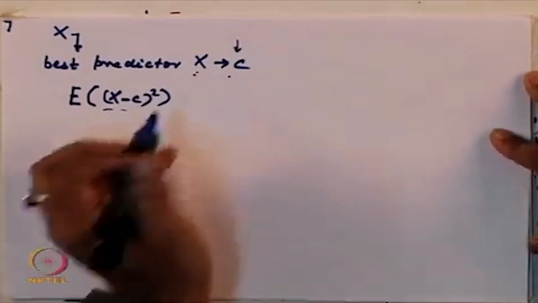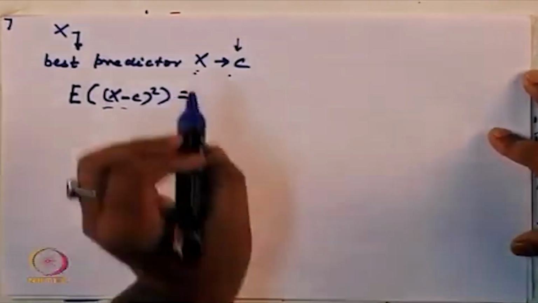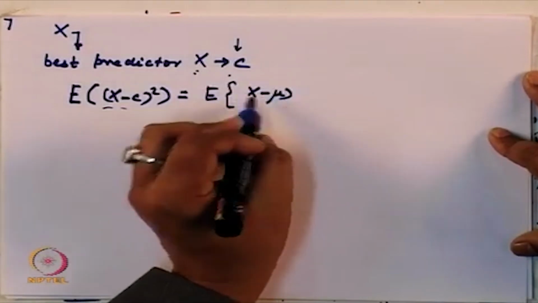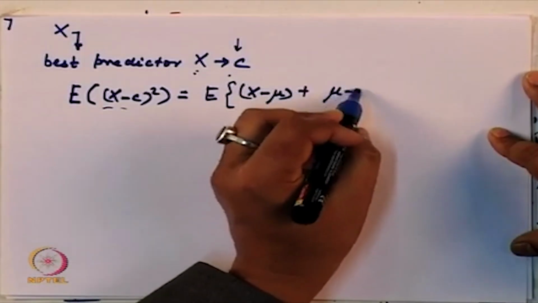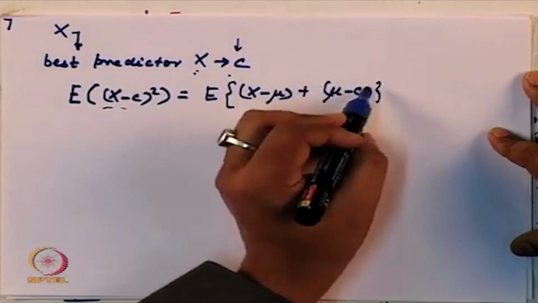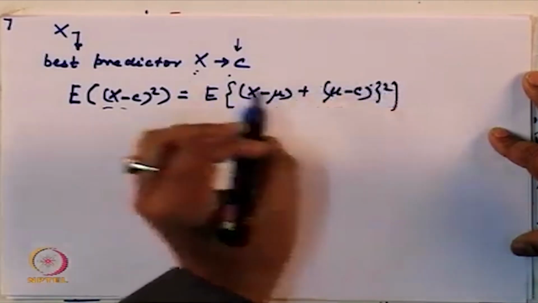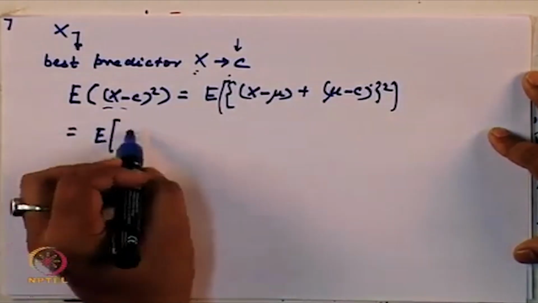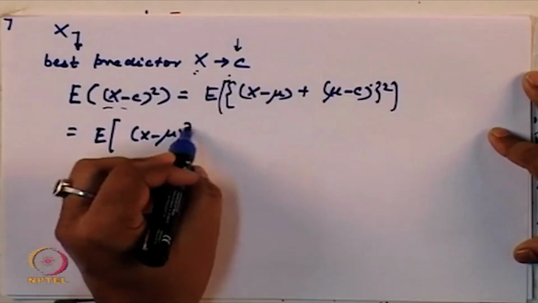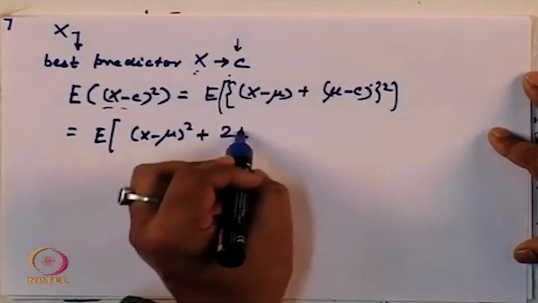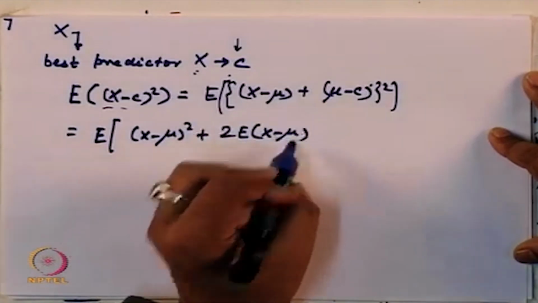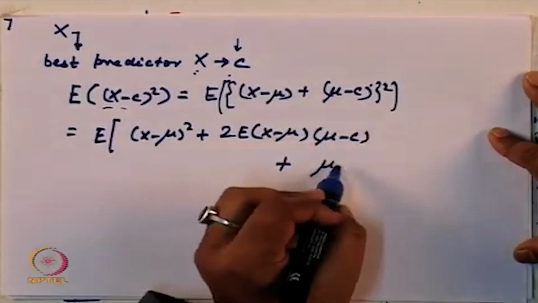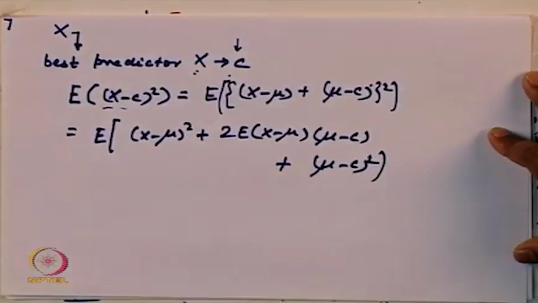Okay. So, I can write down E of (X minus c) whole square, and I can expand that. I can write it as expectation of (X minus mu) whole square plus 2 times (X minus mu) into (mu minus c) plus (mu minus c) whole square.